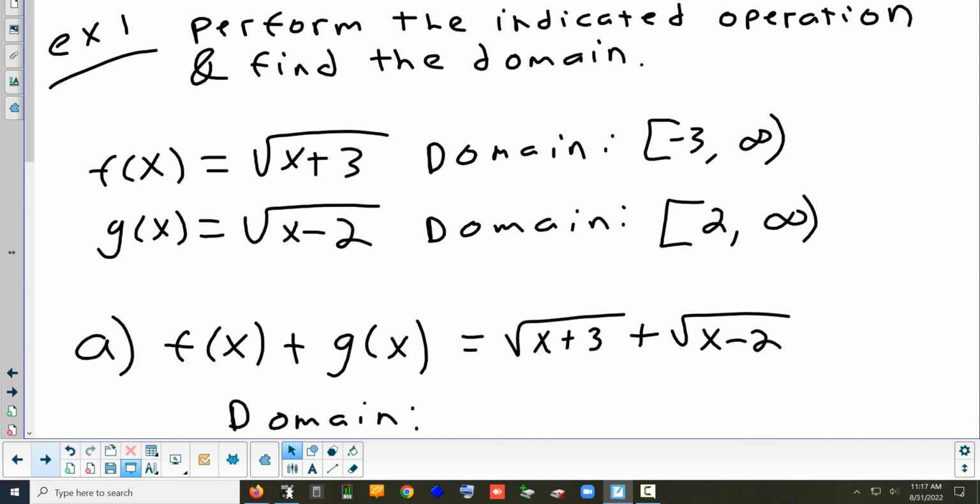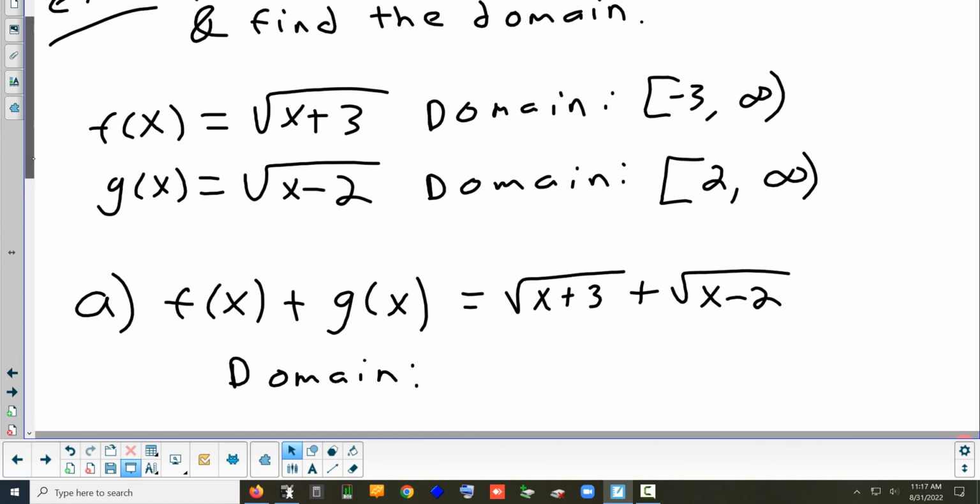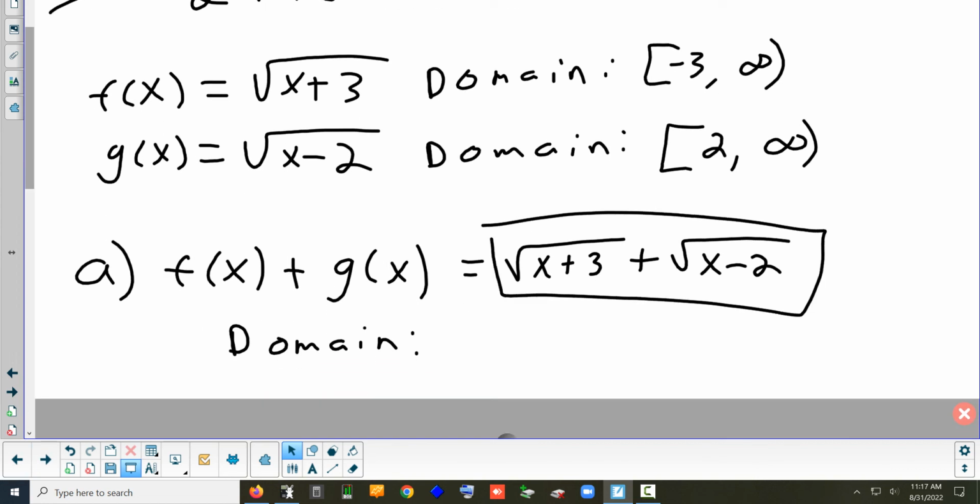Now, I want to know the domain. What would be the domain of that? It has to be all x values that would work in both of them. Yep. It would just be the domain of g of x, right? Yeah, it would be everything greater than or equal to 2. Because if you think of it as a number line, f of x includes everything from -3 going to the right forever.